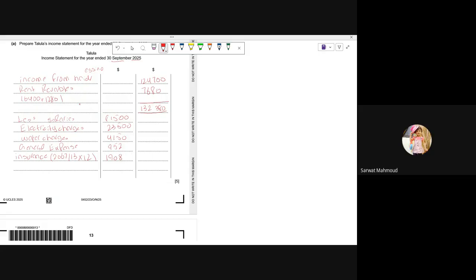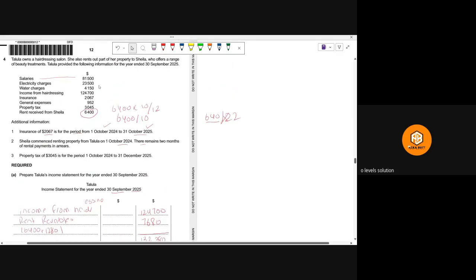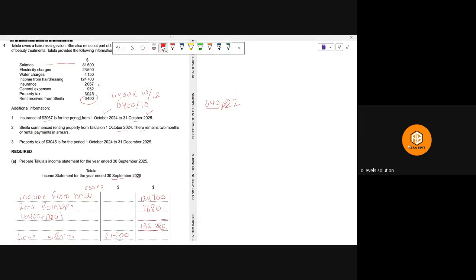Then property tax. That is 3045 divided by 15 multiplied by 12. The property tax of 3045 is for a period from 1st October. So it is paid extra, how many months?